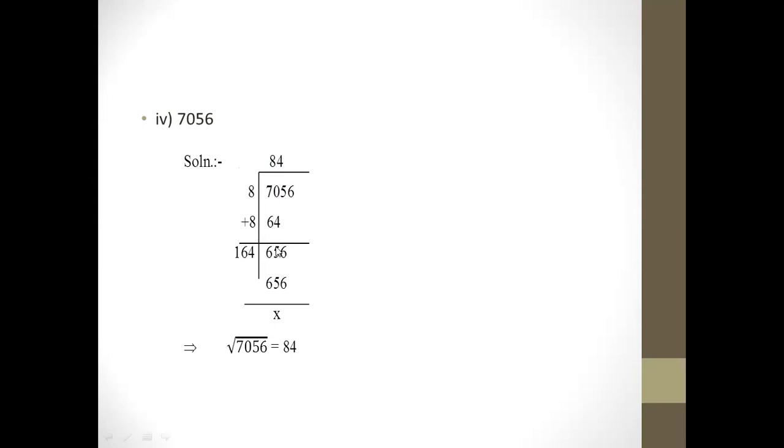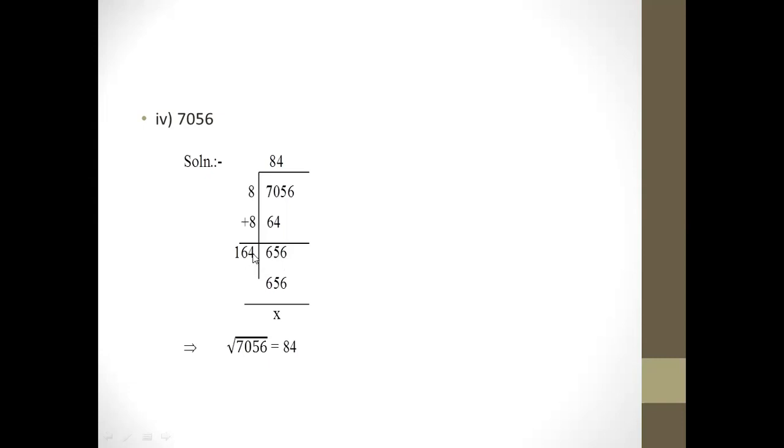Now it is 656. So this 8 you will add to the quotient 8. So it will be 16. Now with 16 you take a number. When you take 161 multiplied by 1, it will be 161, which is less than 656. Then 162 multiplied by 2, again less.